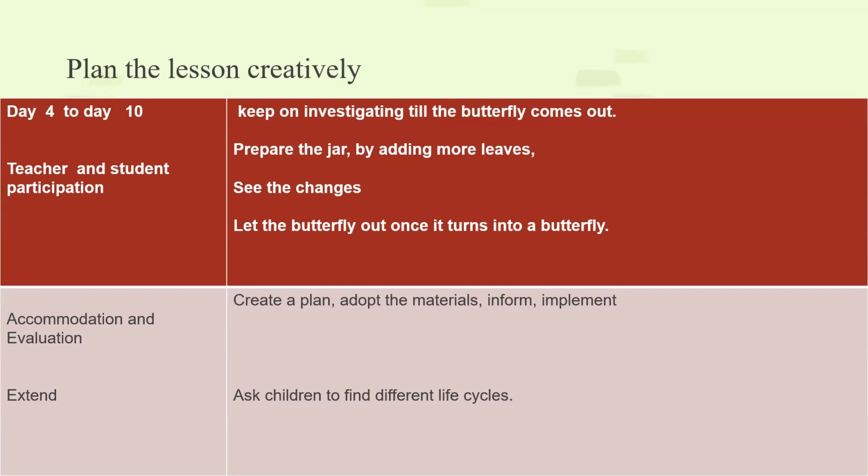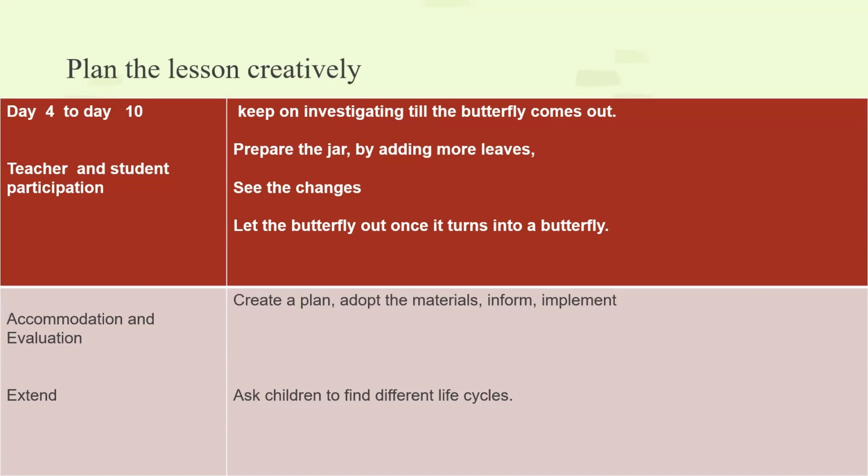For example, if a child cannot hold scissors properly, then we have to find a different way to do the cutting activity, right? So for visual learners, we are using charts. We have to adapt the material and we have to inform the parents if children are still unable to cooperate with the lesson. And we have to implement new strategies.